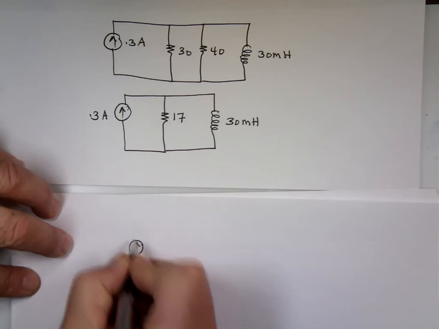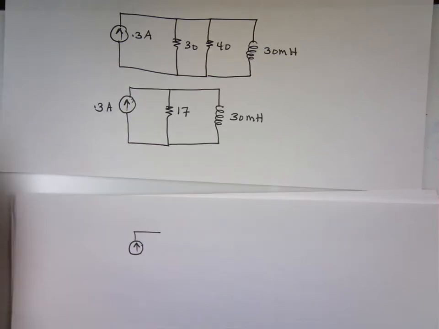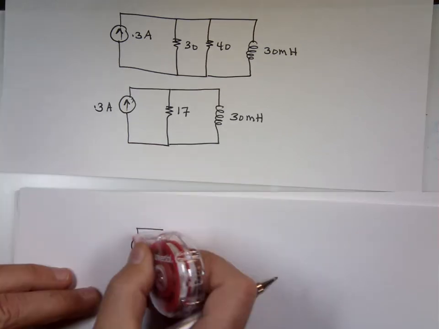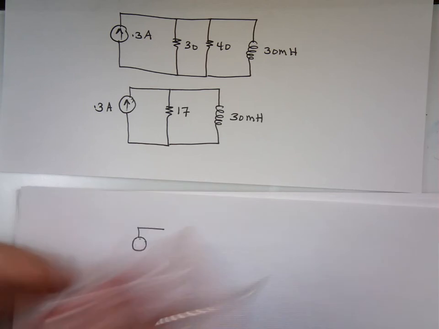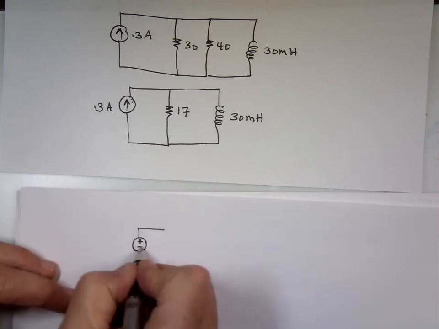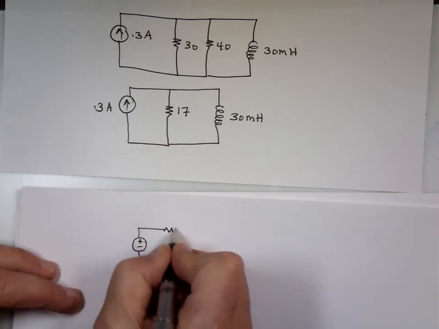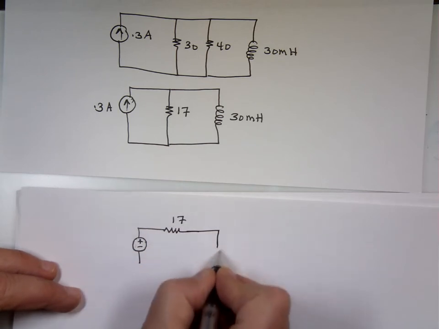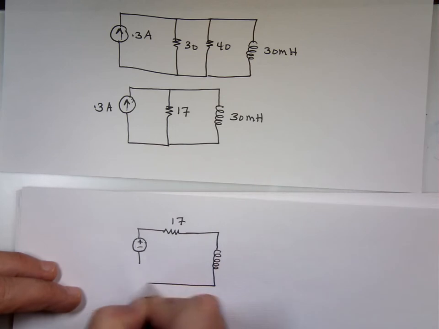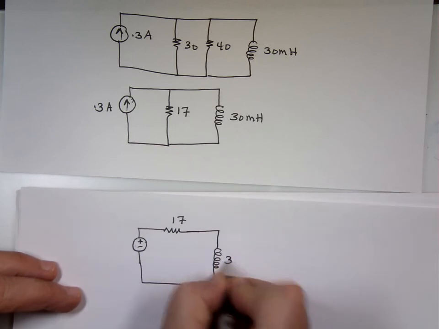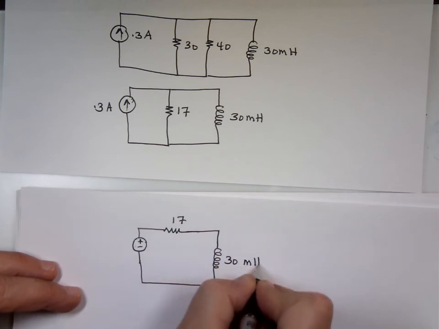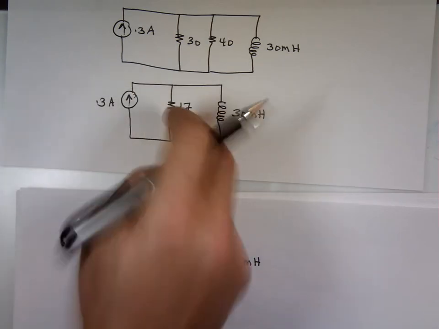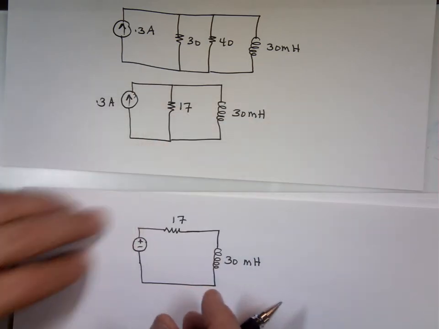Nope, that should be a voltage source now. We'll multiply 0.3 times 17, thank you. 5.1.